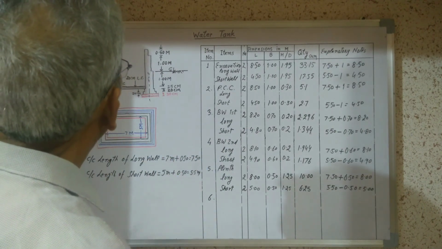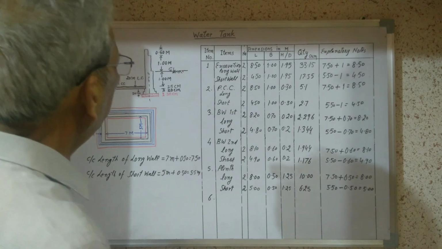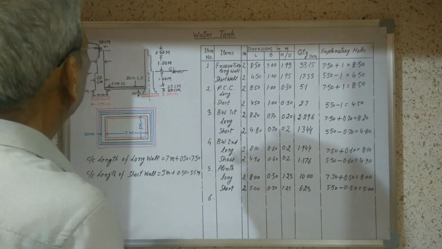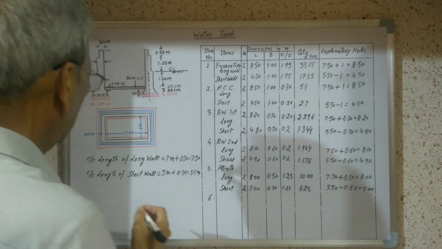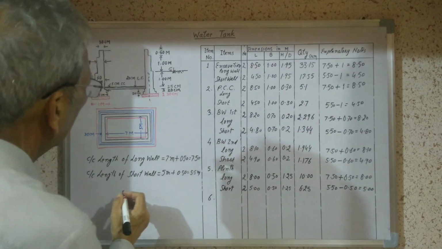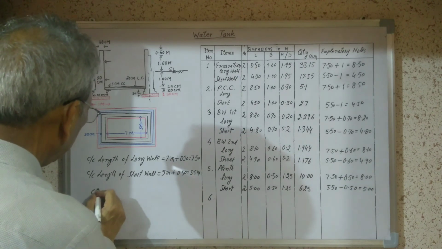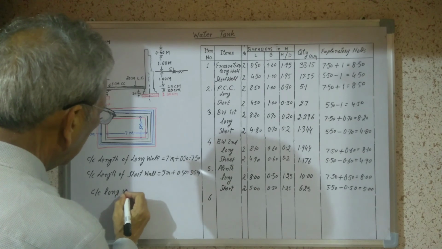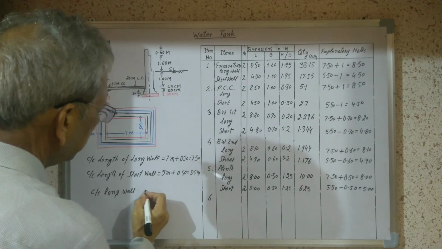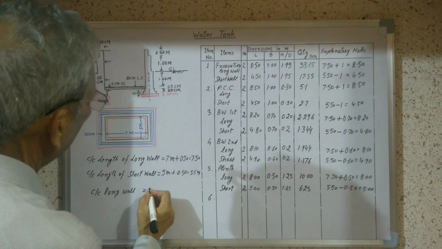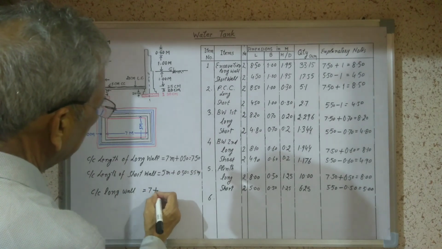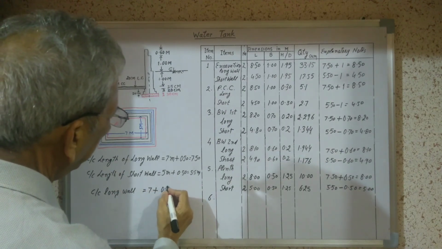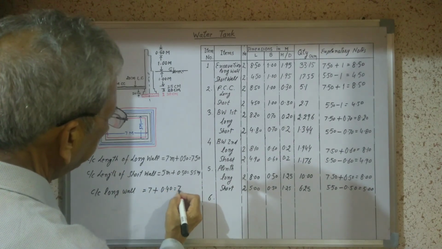Now the next item, we will take the superstructure wall. Here first we will find out the center to center length, which is 7 meter. Now center to center long wall of the superstructure is 7 meter plus, here width is 40 centimeter, 0.4, it is 7.4.